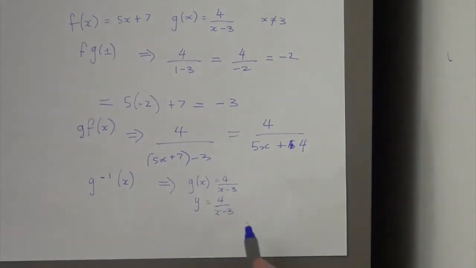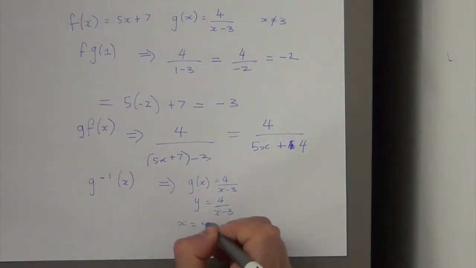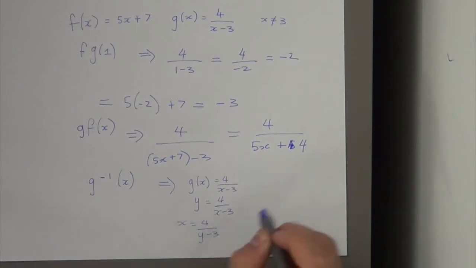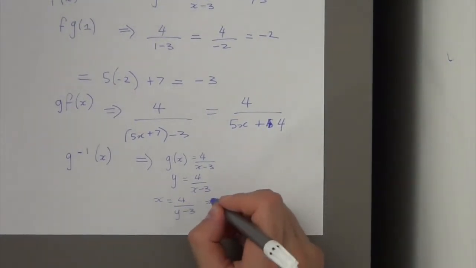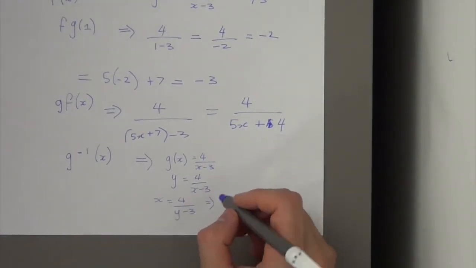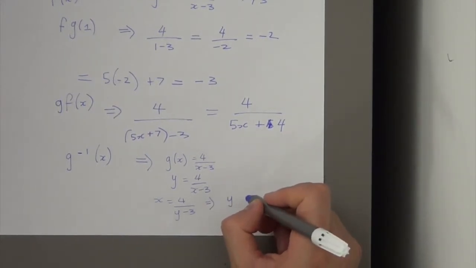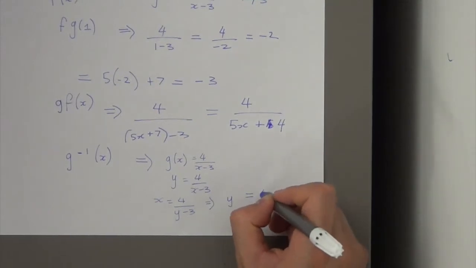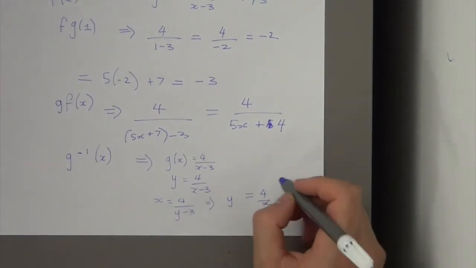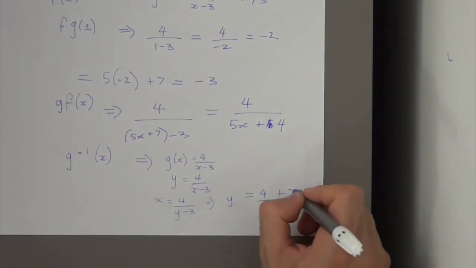Then, watch this carefully, we need to swap the y's with the x's. So it becomes x equals 4 over y minus 3. What does that translate to? I need to rearrange for y. So this becomes y equals 4 over x plus 3.